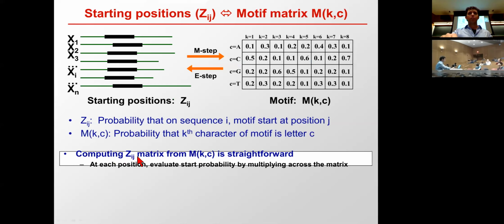So computing Zij, the matrix of instance probabilities, from the motif is very straightforward. At every position, I evaluate the start probability by simply multiplying across the matrix. If I have G, G, A, C, T, I go G, G, A, C, T, and I just multiply it across. Okay?